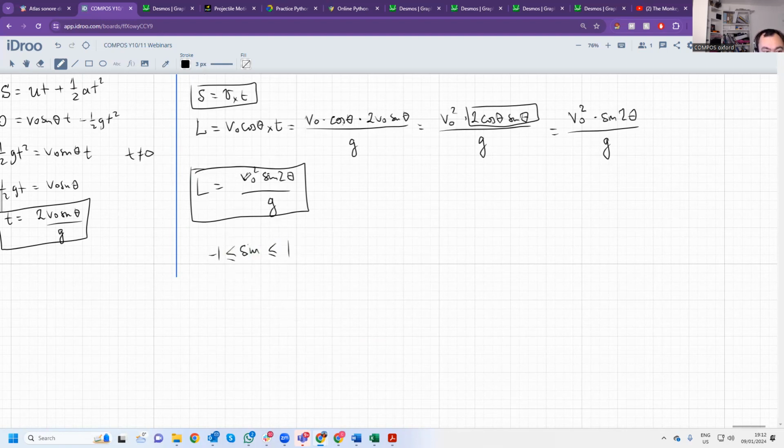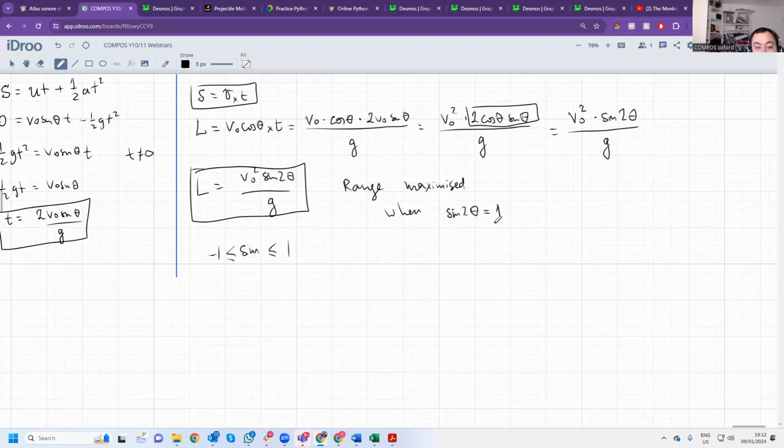So the range is maximized when this is as big as it can get. V0 squared is fixed, g is fixed. So sine 2 theta is 1, because that's how big sine can get. Sine can only be up to 1.